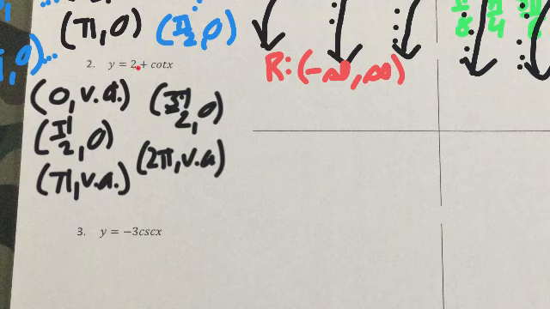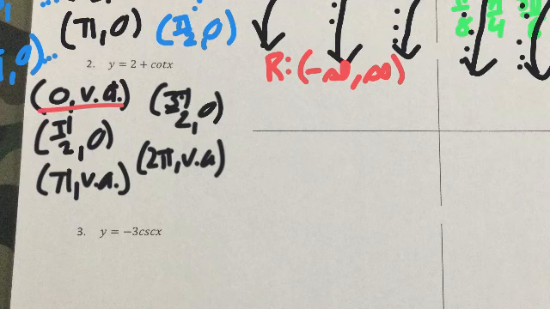And now we talked about the only transformation here from my original is this plus 2. So even though it's in the front, it's the same as it being in the back. Adding 2 doesn't care if it's in the front or behind. So that's a vertical shift up 2. So I'm going to add 2 to all of my y values. So when you add 2 to an asymptote, nothing happens.